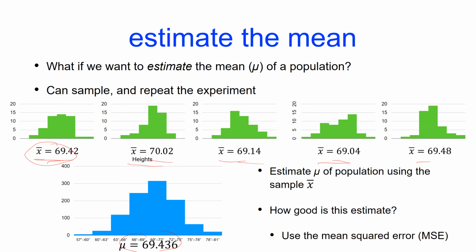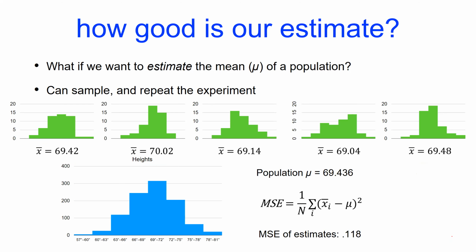Then we want to see what the difference is. We use something called mean square error. We have seen something similar before, a different version called integrated square error, but a very similar concept. Essentially, you take each of your sample means and calculate the difference from the population mean.